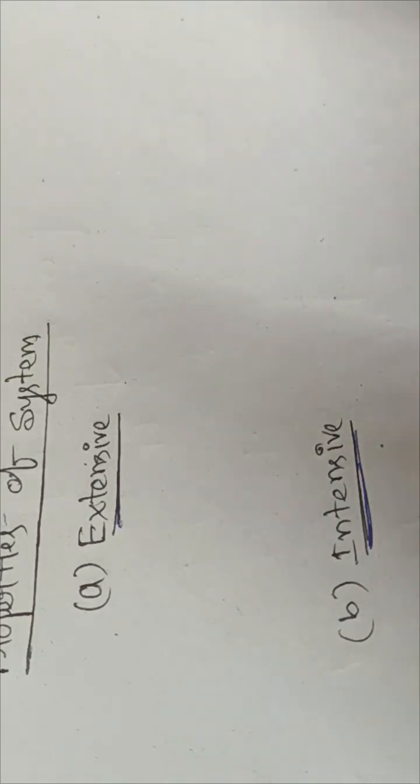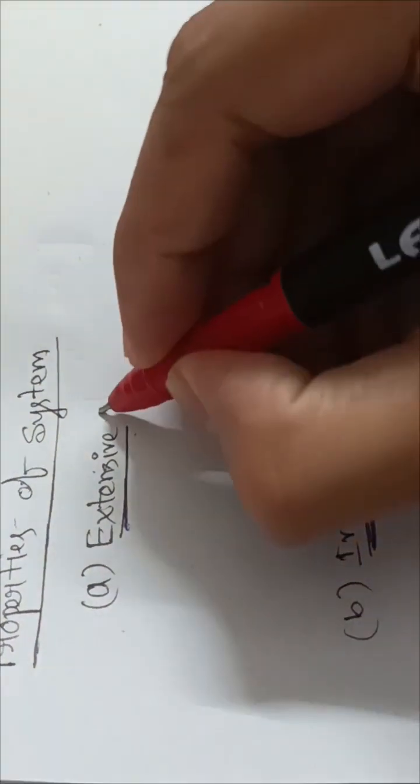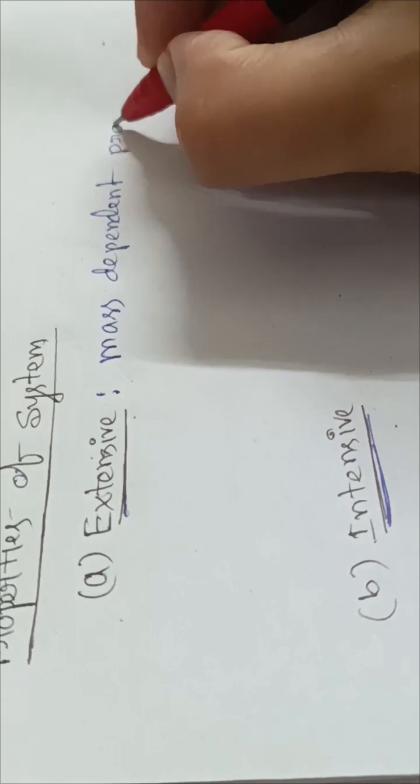What are the properties? There are two properties of a system: extensive property and intensive property. So what is extensive property? Extensive property means mass dependent property.